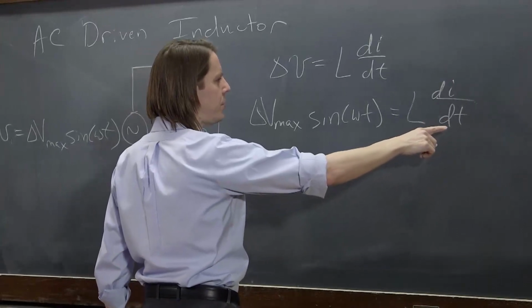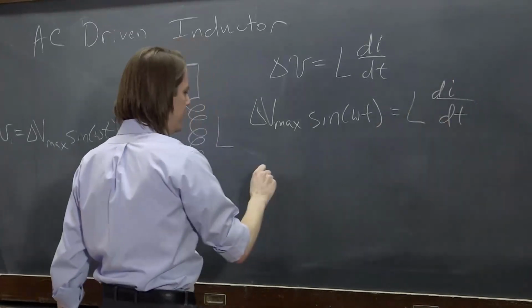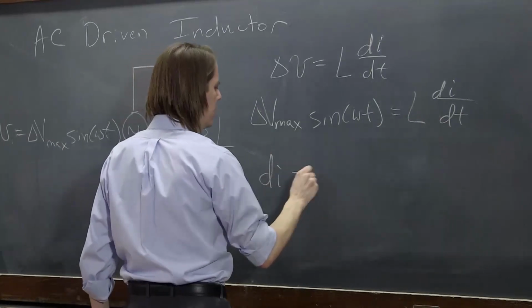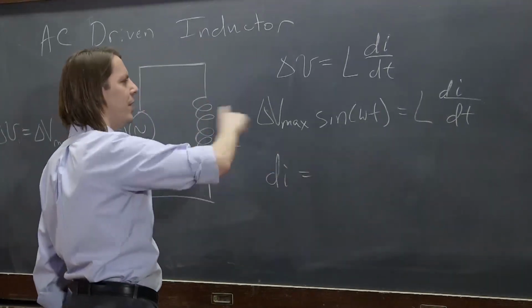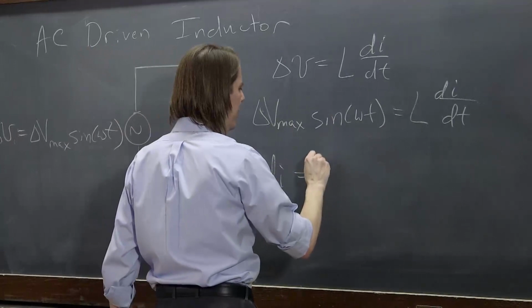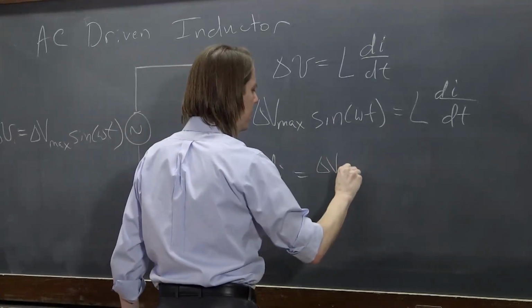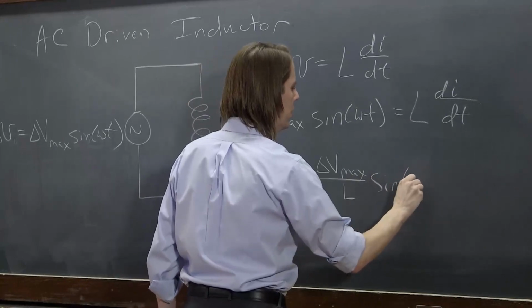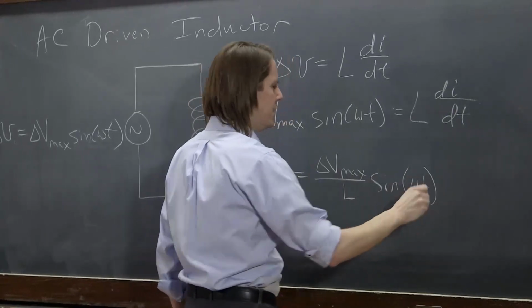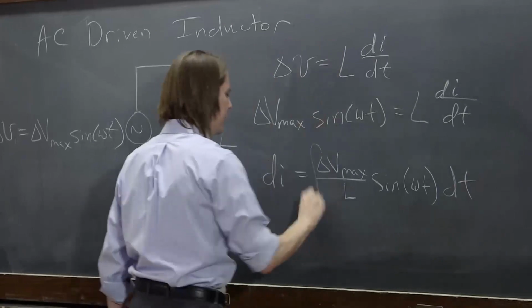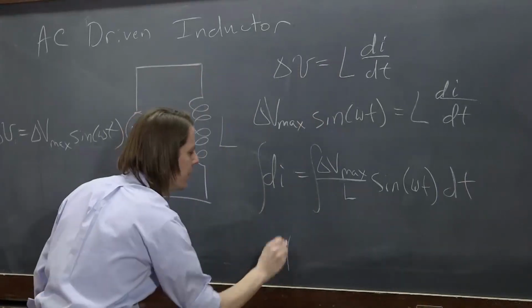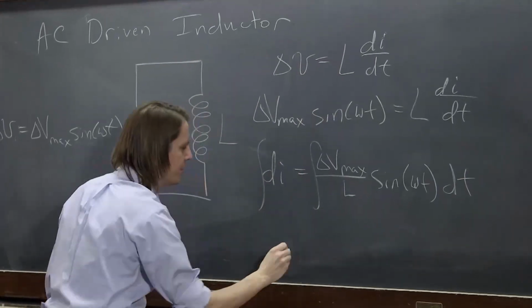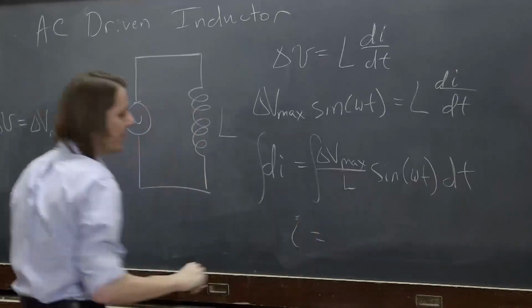So we're going to keep di over here and put everything else on the other side. The dt comes over, the L comes over. It's delta V max over L sine omega t dt, and then integrate both sides, and you get that the current, we aren't dealing with boundary conditions at the moment, these are just sinusoidally oscillating things.